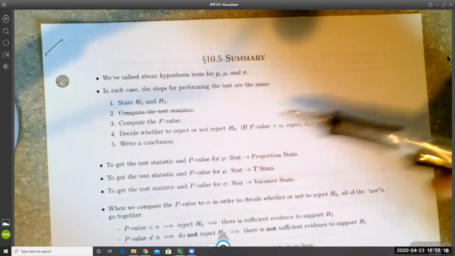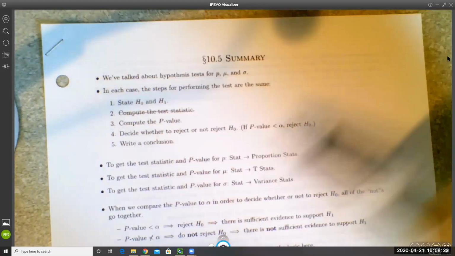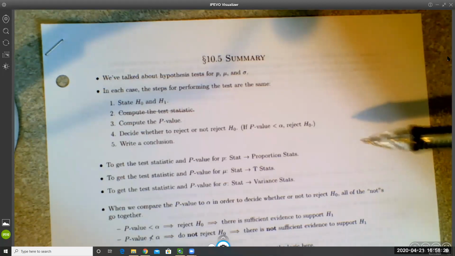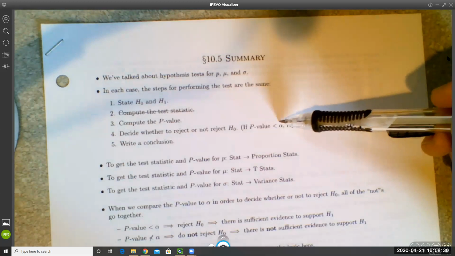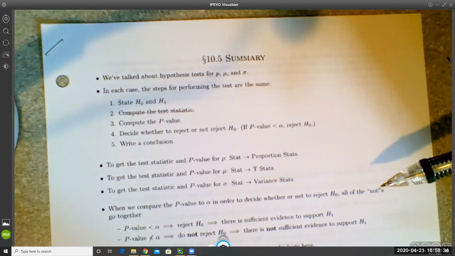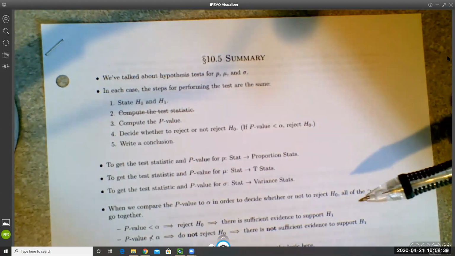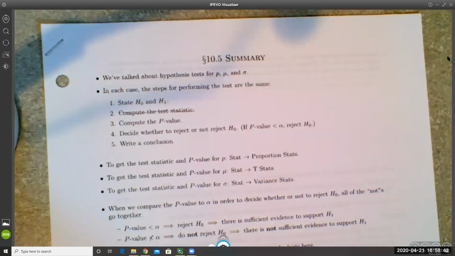Once you have the p-value, then you can decide whether or not to reject the null hypothesis. And regardless of the kind of test you're running, you always make the same decision the same way. If the p-value is less than alpha, you reject the null hypothesis. If the p-value is not less than alpha, then you do not reject the null hypothesis. Once you have your decision, then you can write a conclusion. The conclusion is a statement about what that means for the alternative hypothesis.